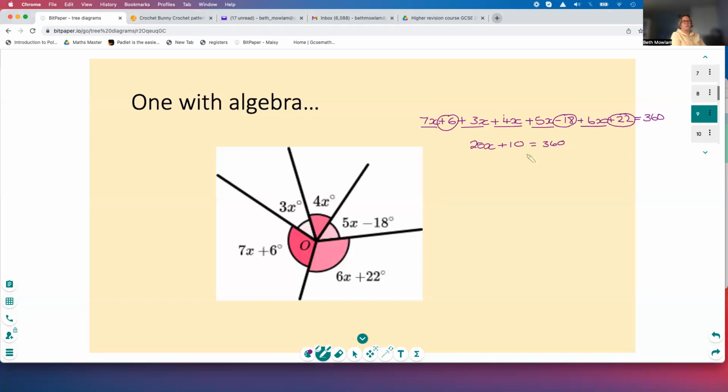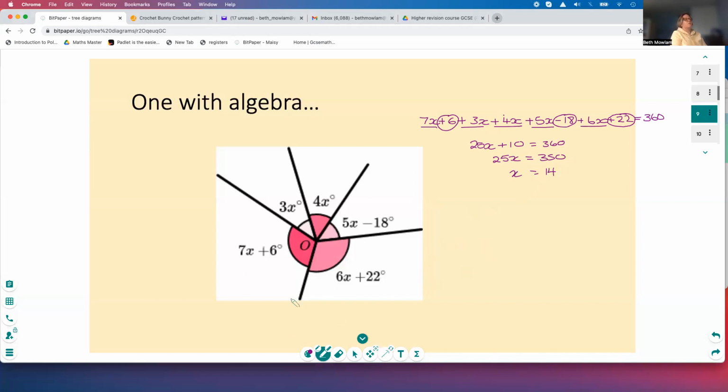So that's the second mark scored. Then we want to solve that. So we take away 10. So 25x is 350. x is going to be 350 divided by 25. So x is going to be 14.